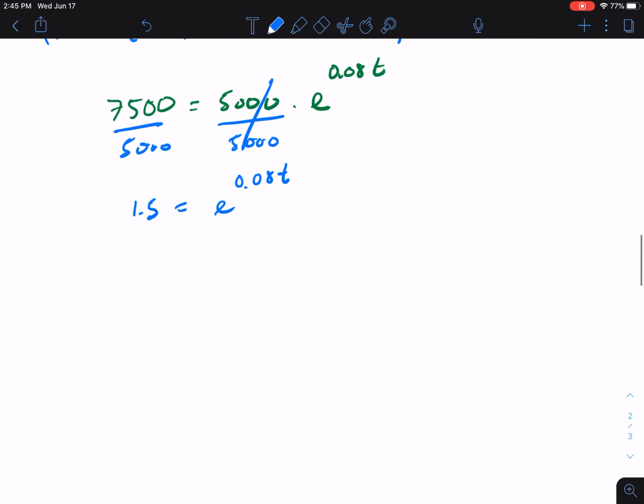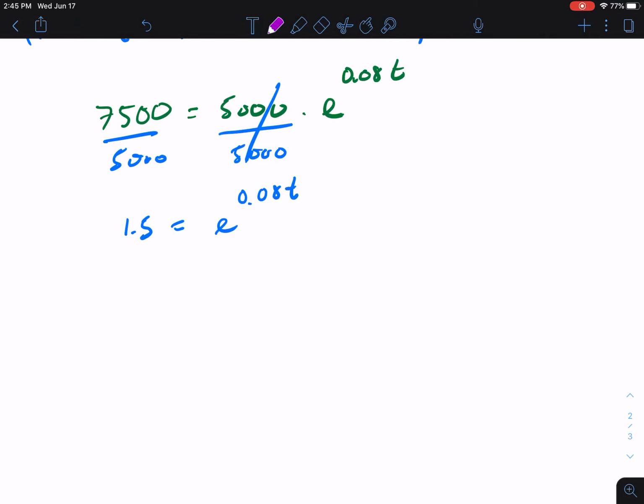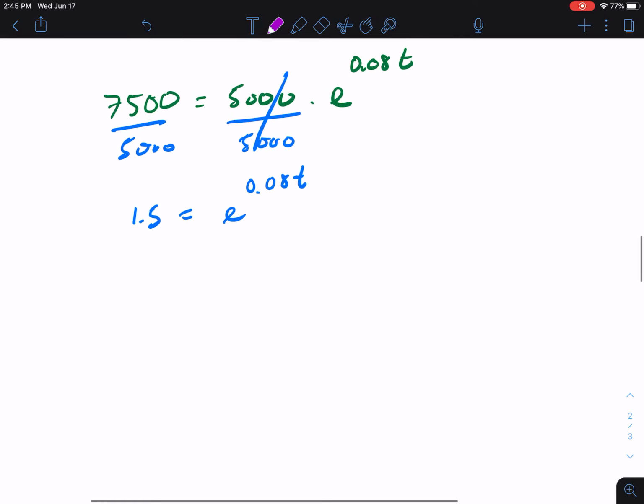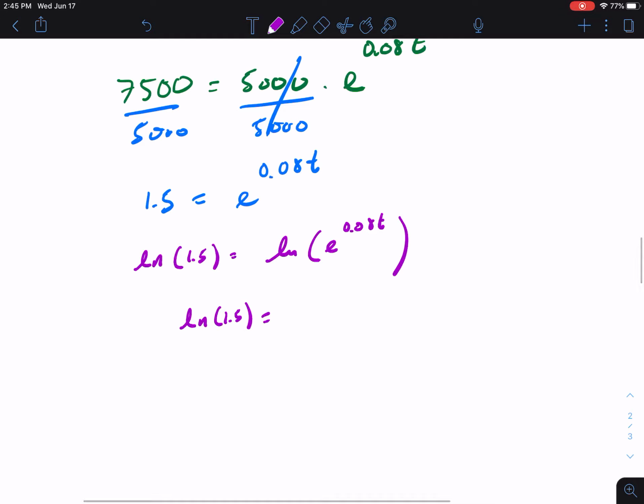In algebra, we learn how to solve an exponential equation that has an e base. We learned that we're allowed to take the natural log of both sides, so that way the natural log and the e cancel each other out. So we're going to take the natural log of both sides, and when you take the log of any base, one of the properties of logarithms is you can bring down the power to the front.